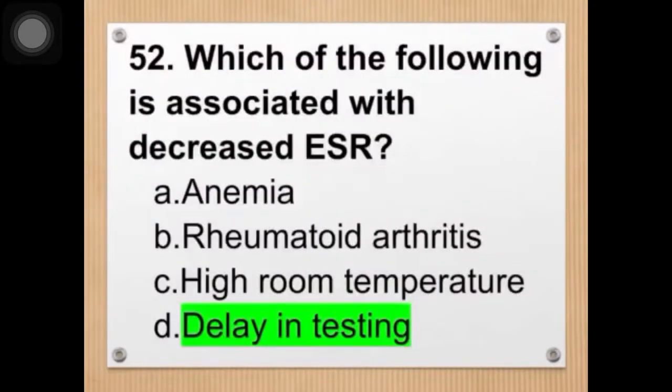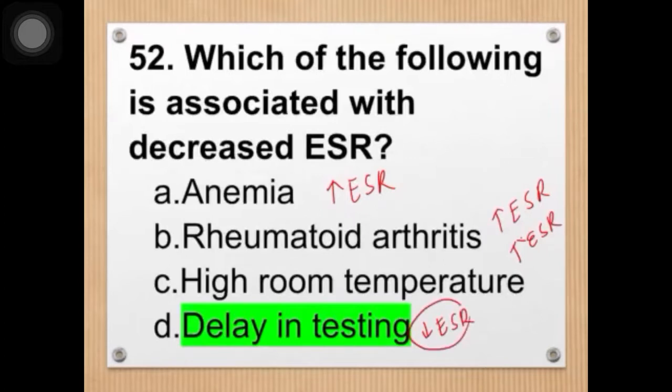Number 52, which of the following is associated with decreased ESR? Anemia po, increased ESR. Rheumatoid arthritis and chronic inflammation, elevated ESR. Increased room temperature, increased ESR. Delay in testing, decreased ESR. Ano nangyayari po dito?